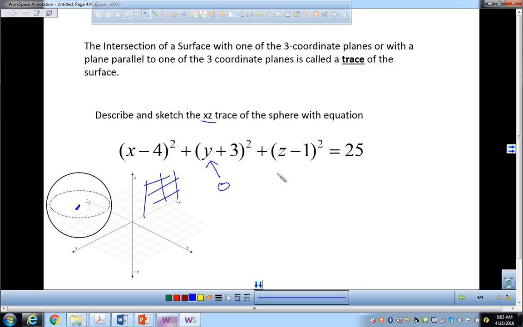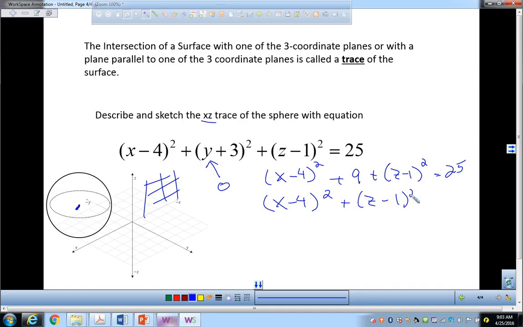And so you're going to go (x - 4)^2 + 9 + (z - 1)^2 = 25. And then I subtract 9 from both sides, so I get (x - 4)^2 + (z - 1)^2 equals what?